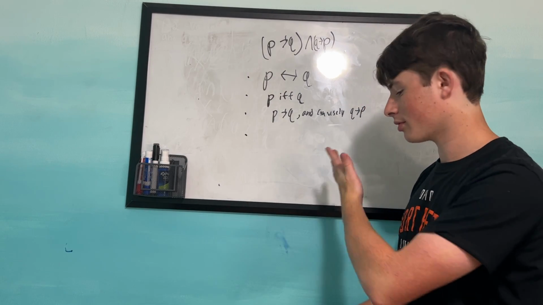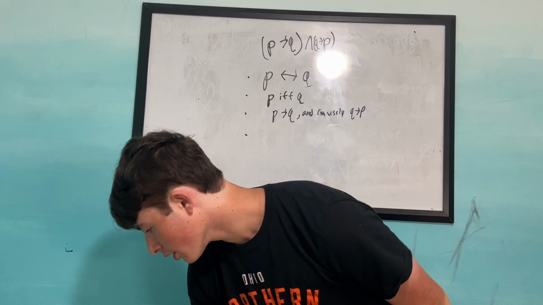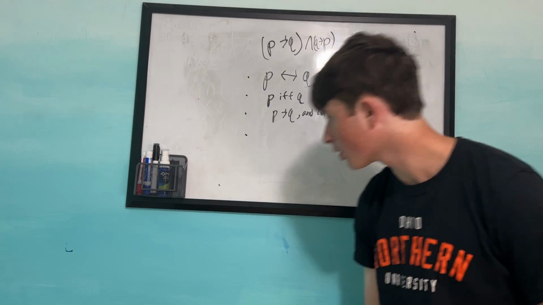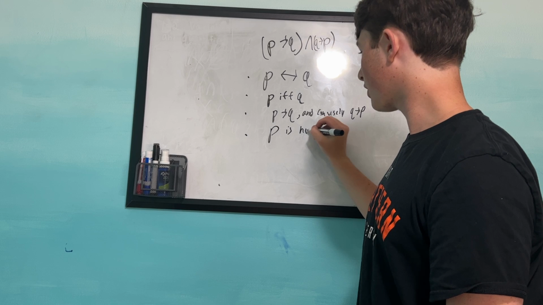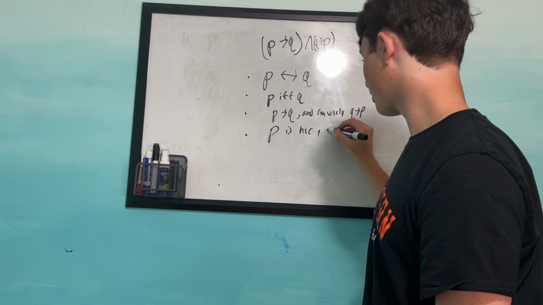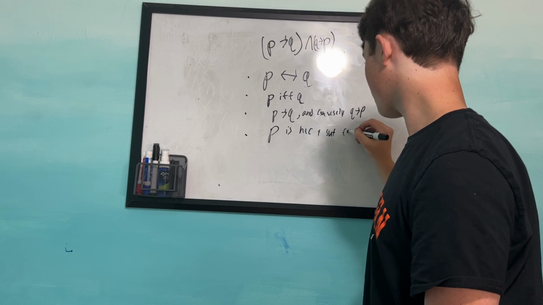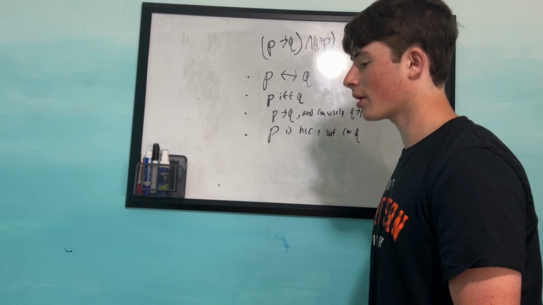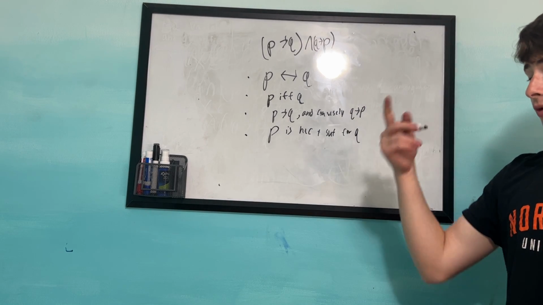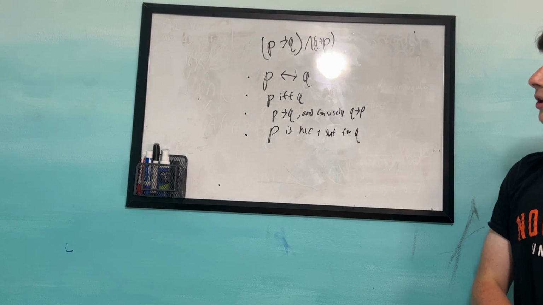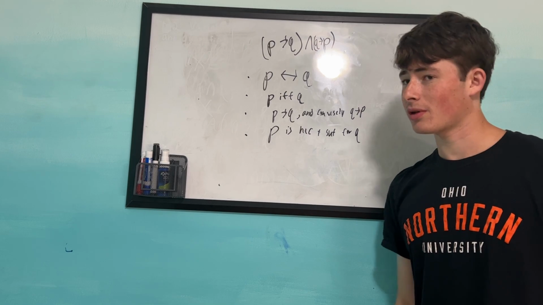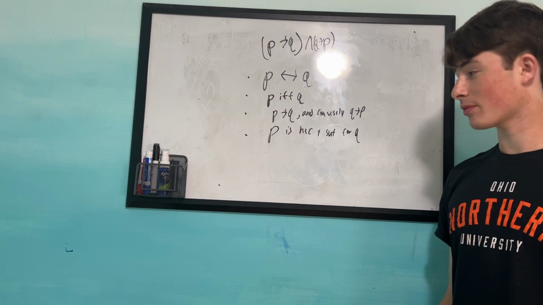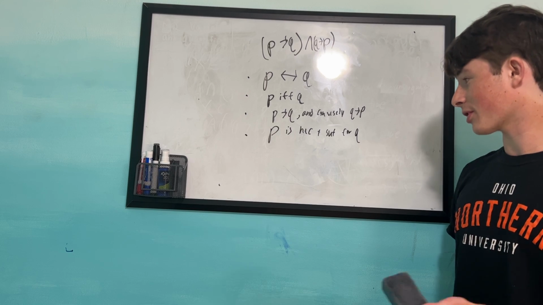And then you can have P is necessary and sufficient for Q. This is like combining the necessary one and sufficient one from the previous thing. It means P is a necessary statement for Q to be true and a sufficient statement for Q to be true.